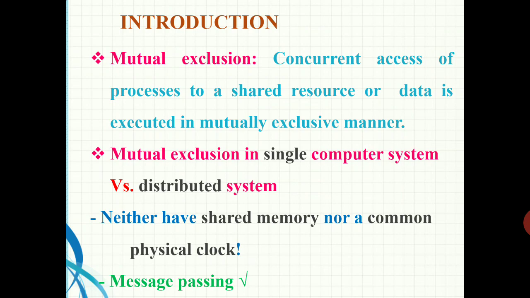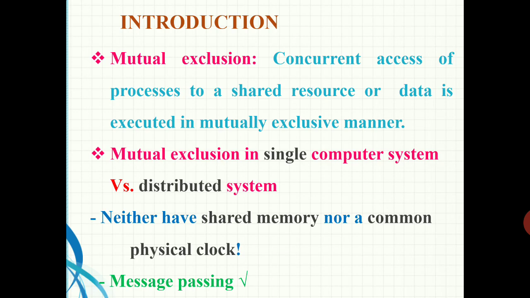We can achieve mutual exclusion in a single system or in a distributed system in different ways. If you compare mutual exclusion in a single computer system and in a distributed system, in a single computer system, memory and other resources are shared between different processes.